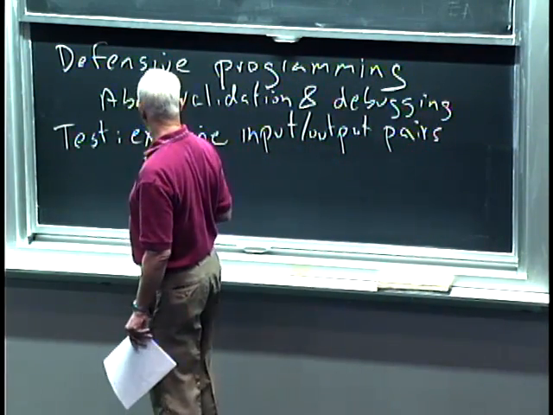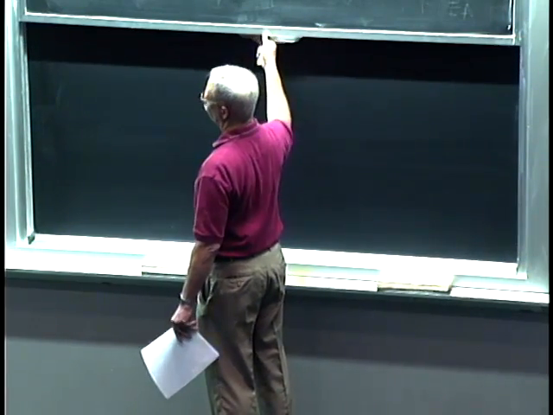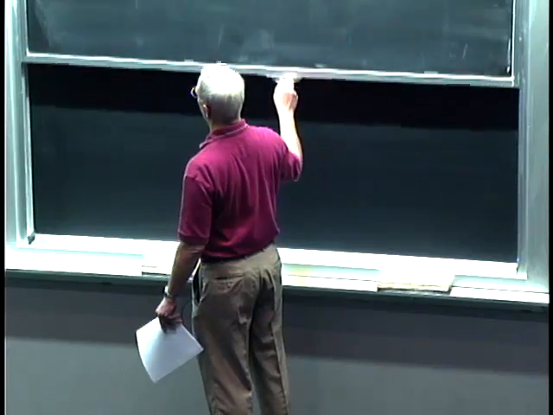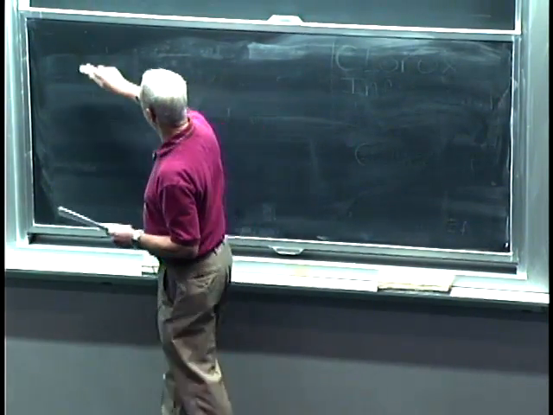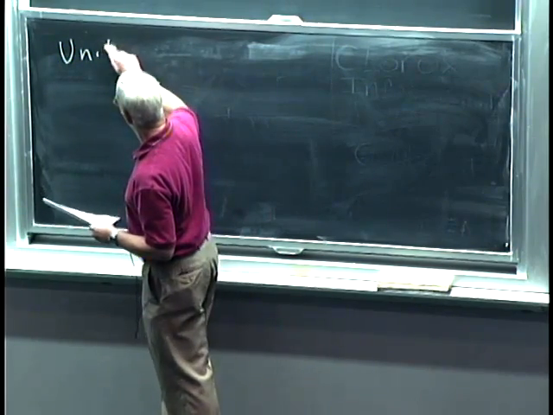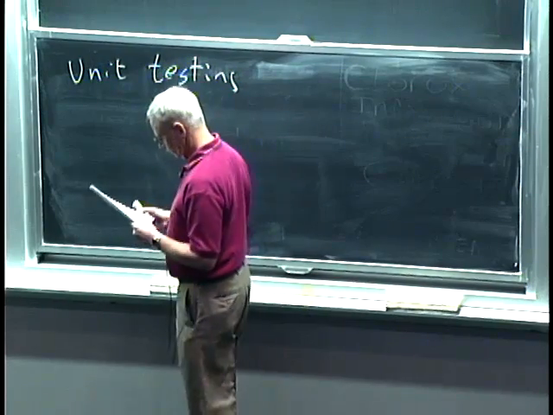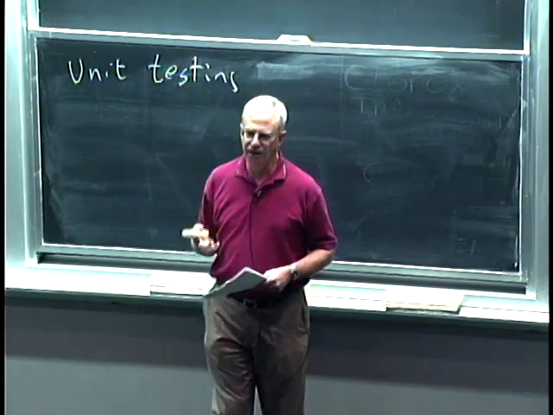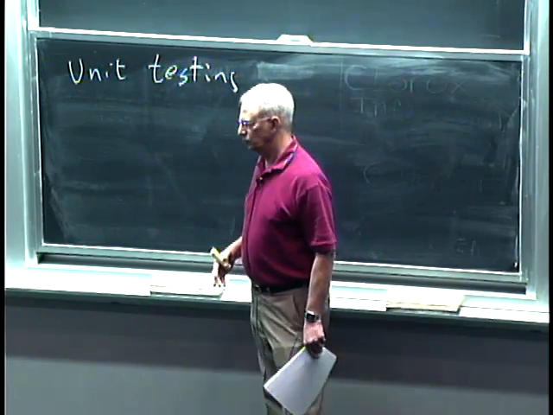I'll return to testing later in the term, but I do want to make a couple of quick remarks with very broad strokes. There are basically two classes of testing. There's unit testing, where we validate each piece of the program independently.